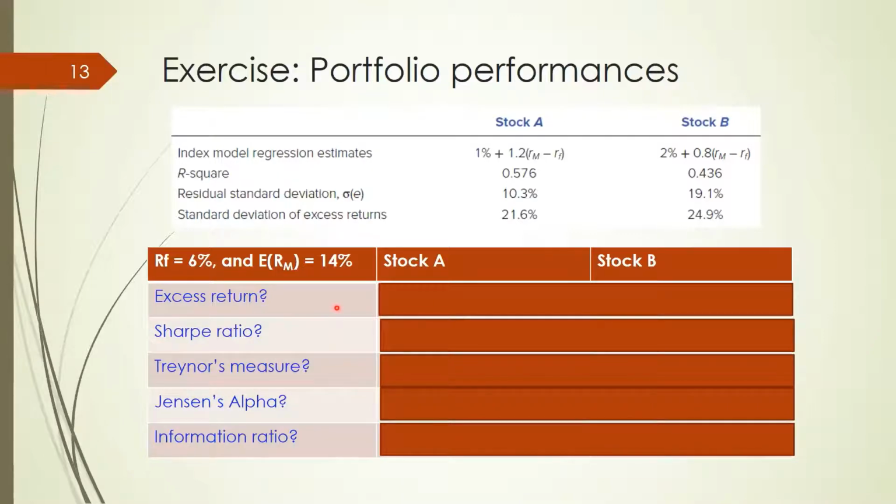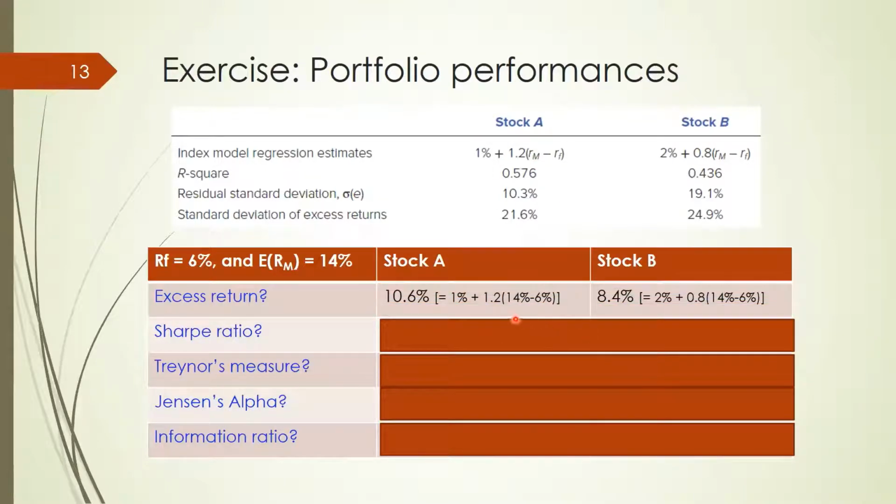First, keep in mind that in the index regression model, we regress the excess return of a portfolio on the market excess return. Therefore, this equation basically tells you the excess return of the portfolio if you plug in the parameters.